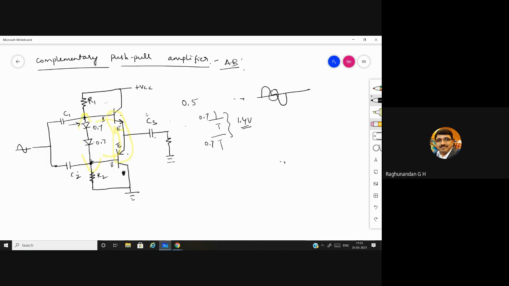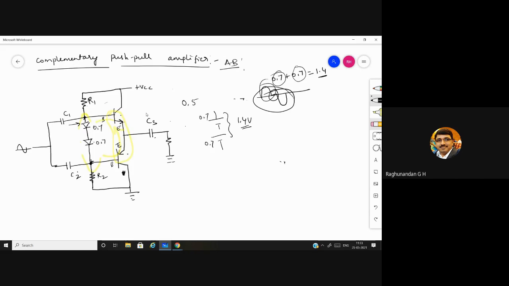So there is a loss of 0.7 in the positive phase and 0.7 in the negative phase. So totally the loss of the entire cycle will be 1.4. When you are having this potential divider, the diode biased circuit, we are going to have that 1.4 always maintained between these two terminals.